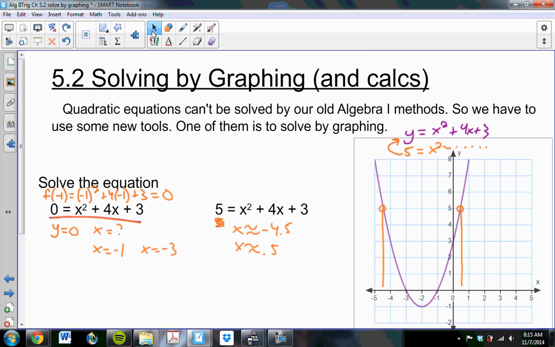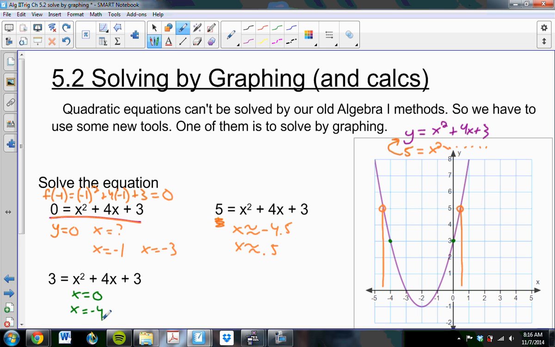Okay, another one. When does it equal 3? We can see pretty clearly that it equals 3 here at the y-intercept, so when x is 0, and here at that symmetric point when x equals -4. Last one, if you want to pause and try this one on your own, that might be worthwhile.